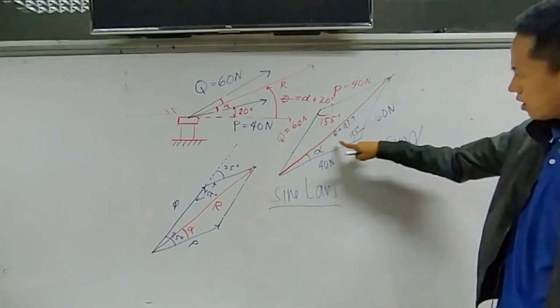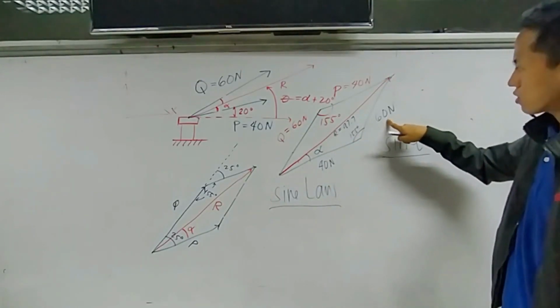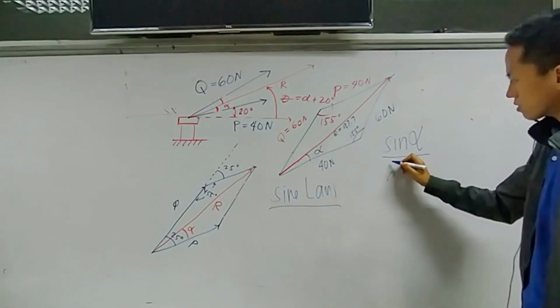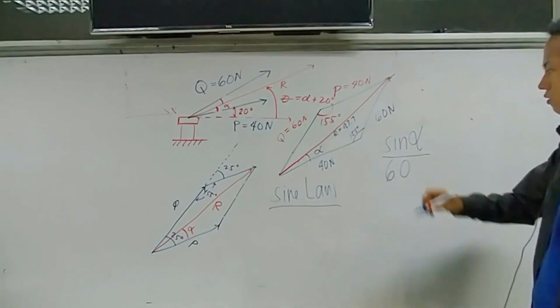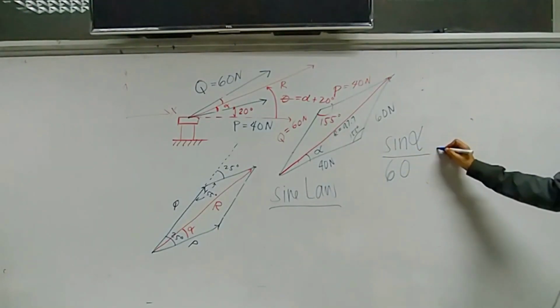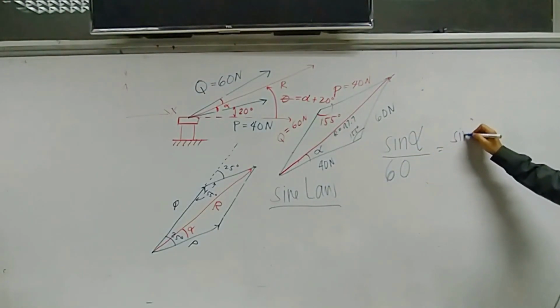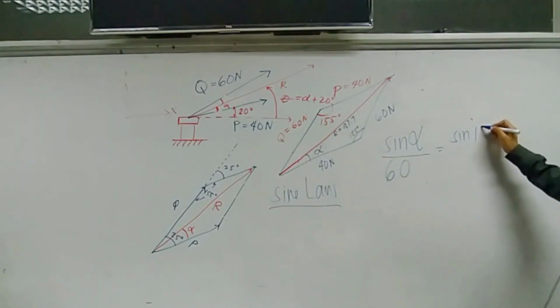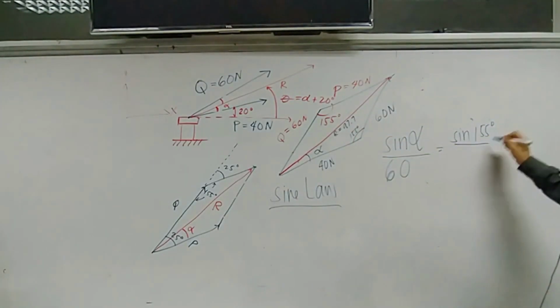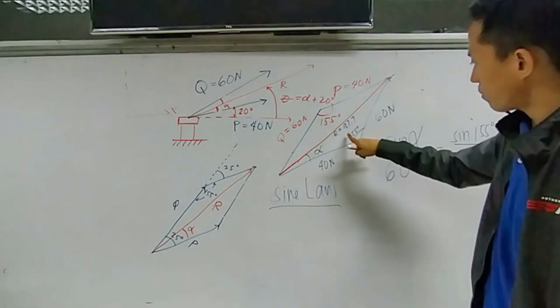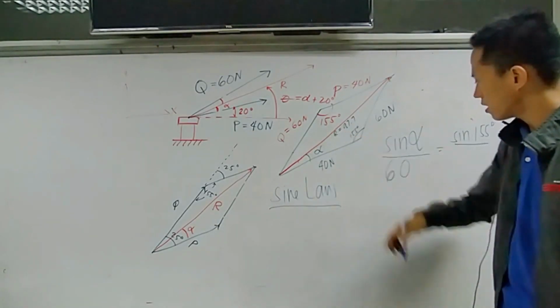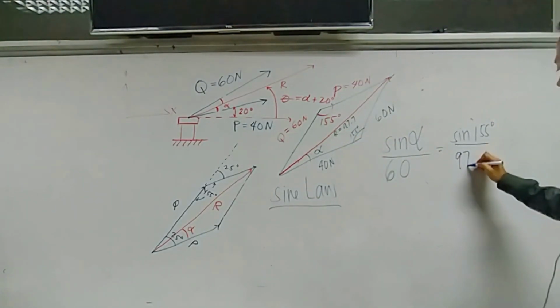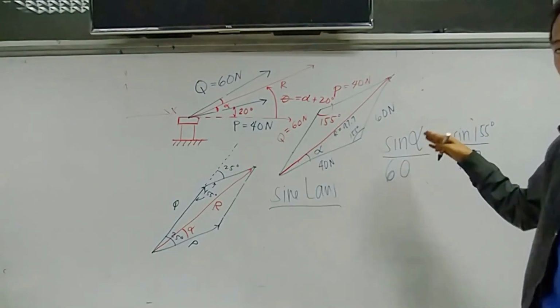Opposite ng alpha is 60. So, sine alpha over 60 equals sine nung given angle, that is 155 degrees, over yung opposite niya na side, that is 97.7. And we solve for alpha.